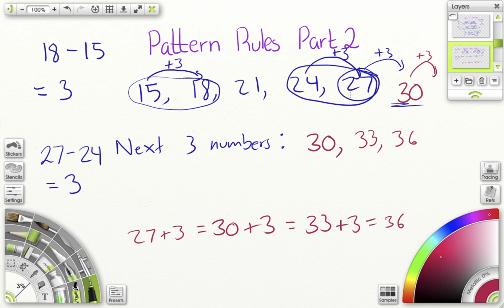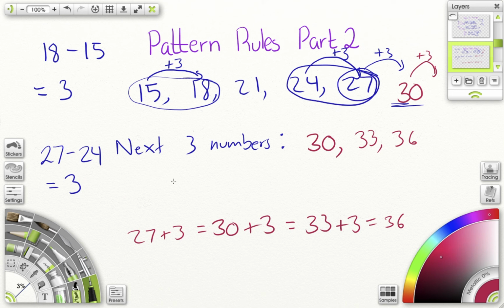That's how you figure out the next 3 numbers: you apply the rule of the pattern, adding 3, to each previous number. So for 15, I add 3 to get 18, 18 I add 3 to get 21, 21 I add 3 to get 24, 24 I add 3 to get 27, and so on. That would give you the next 3 numbers if you're applying that rule over and over again.